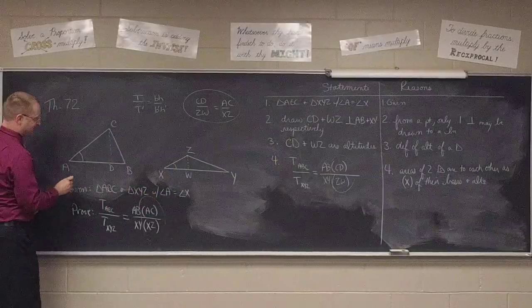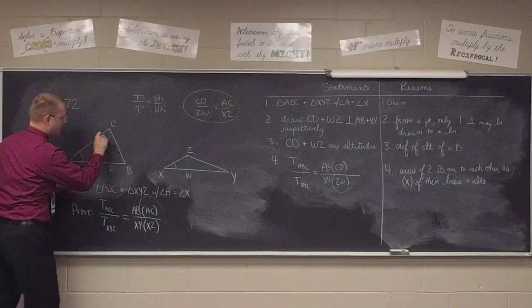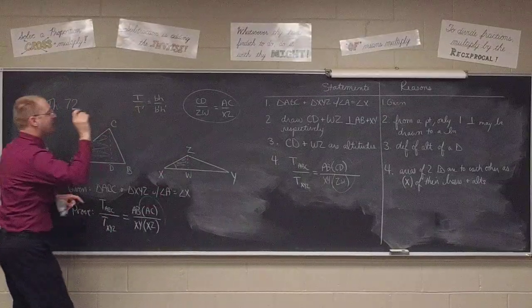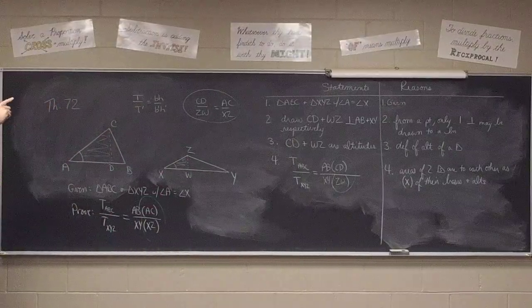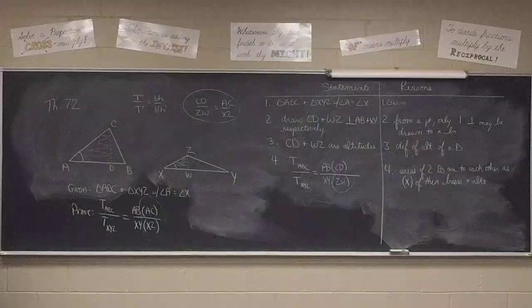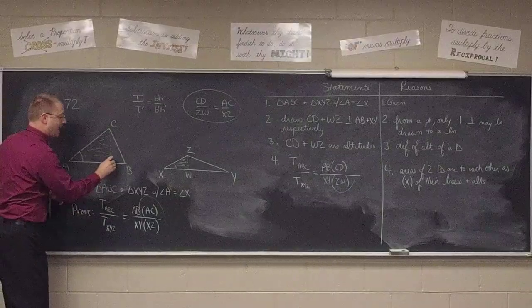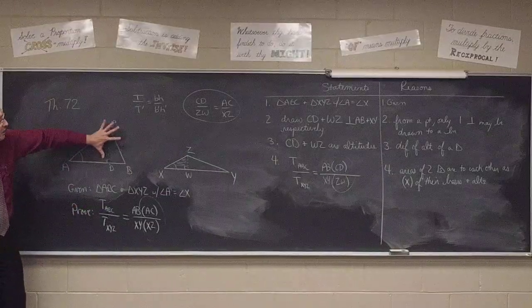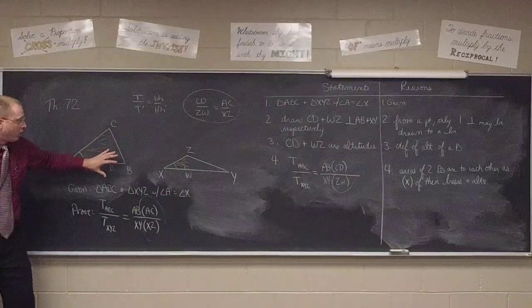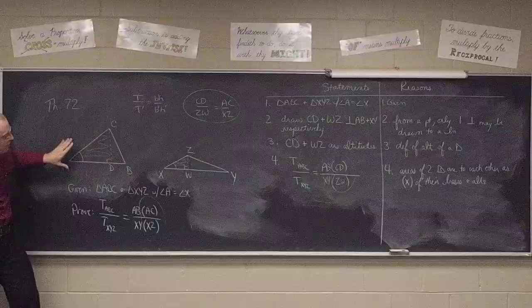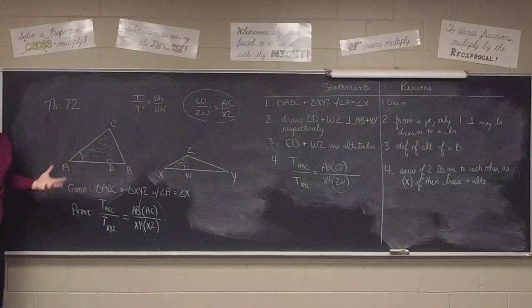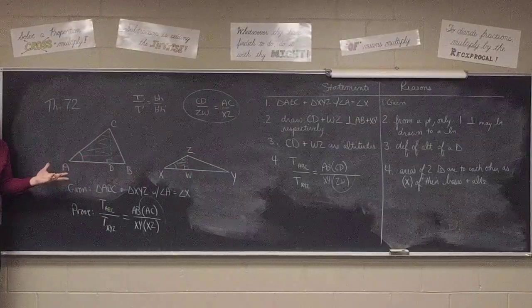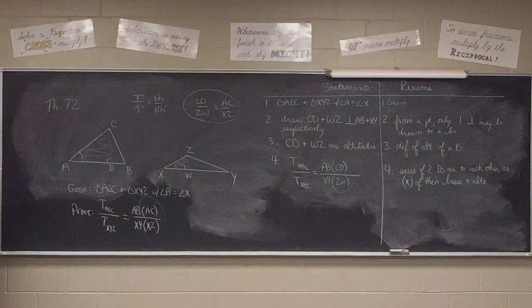A, B, C, and X, W, Z. Because I have perpendiculars, I will have right angles, which give me right triangles. So yes, the big triangles are not going to be similar, but with the altitude drawn, this portion would have to be similar, right?